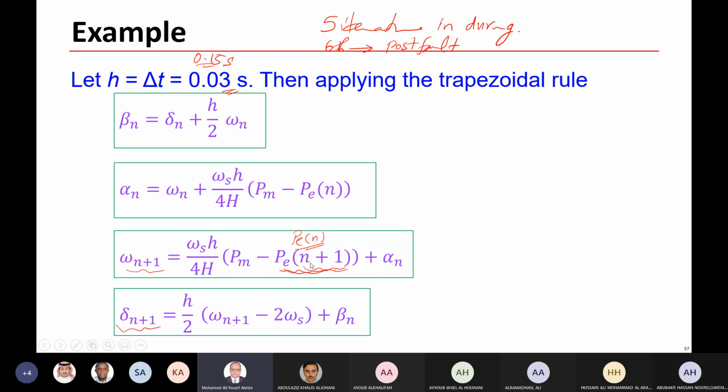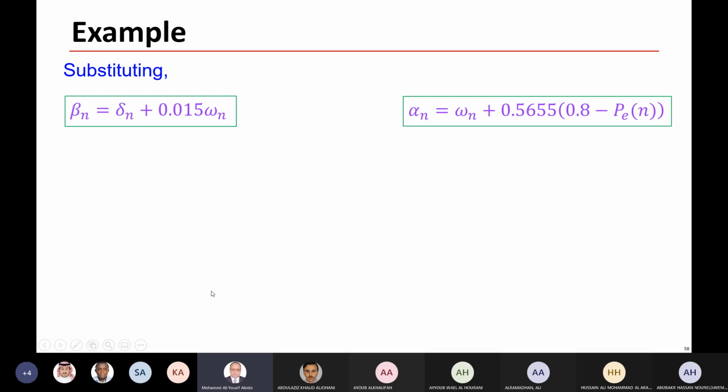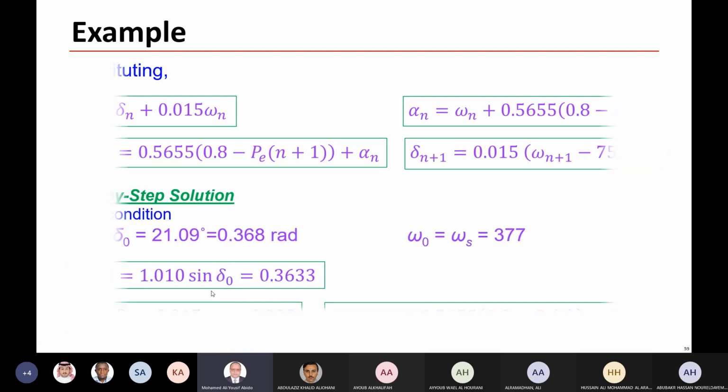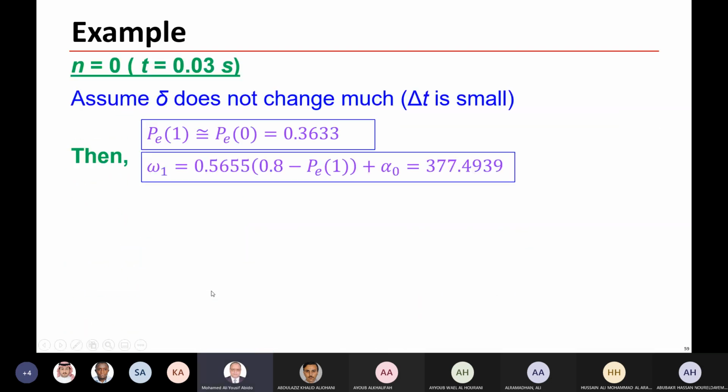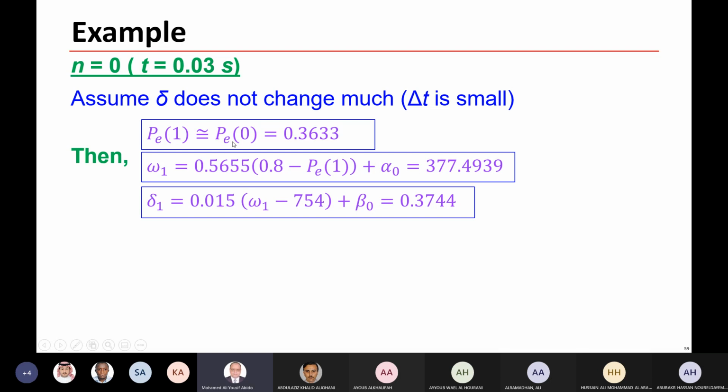So we can approximate BE of n plus 1 equal to BE of n in order to calculate this, and then we can calculate delta n plus 1 and so on. So we can write BE of 1 approximately equal to BE of 0, which is this value, and then we can calculate the omega 1, and we can calculate the delta 1. Khalas, this is the end of step number 1.